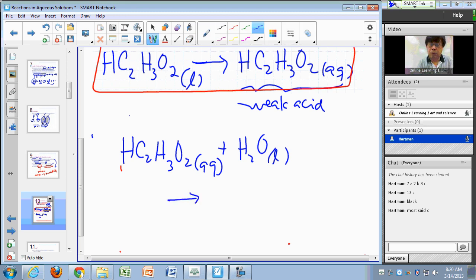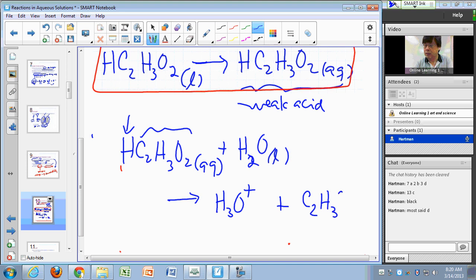This proton right here is going to be donated to a water molecule, so that gives you hydronium ion, and then what's left behind is your acetate ion, C2H3O2 with a -1 charge.